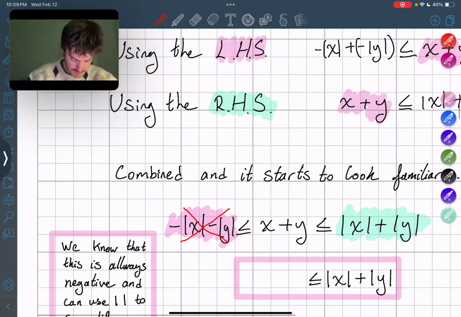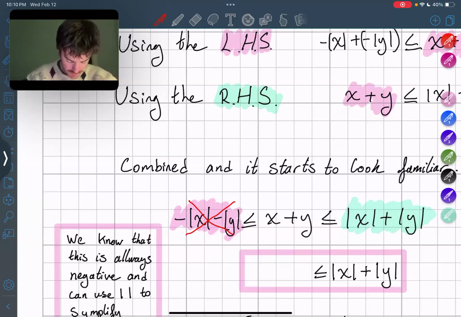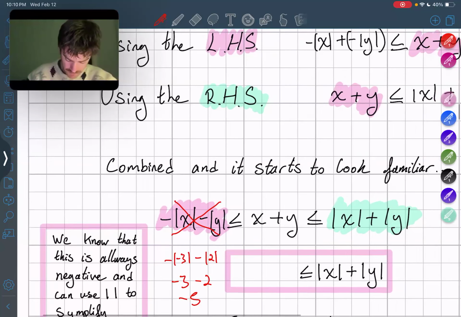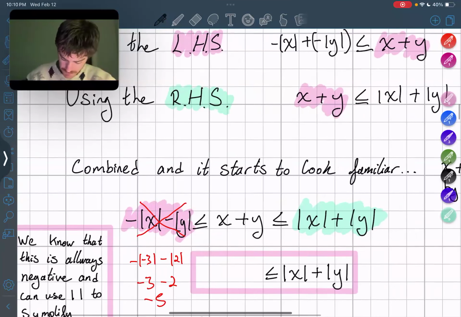Well, because we know that left-hand side is always going to be negative. Test that out. We just do like -3 and -2, and that gets us -5. So it's just always going to be negative, and this side over here, always going to be positive.